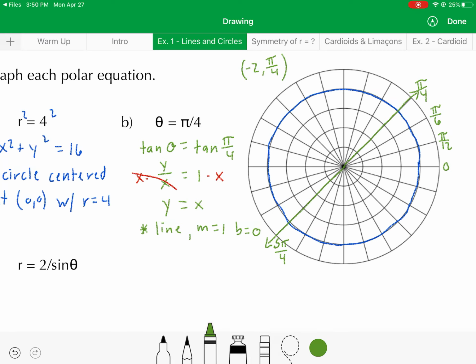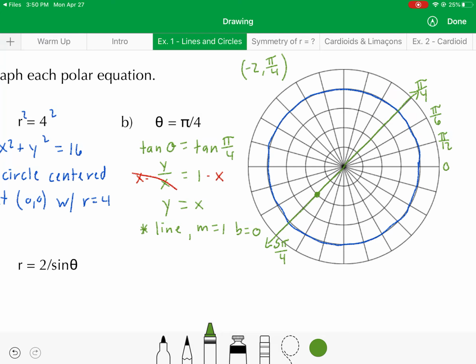But then because r is negative, we'd have to extend in the opposite direction of that terminal side, and it would take us over to here, right? So even though that side is labeled as 5 pi over 4, we can still use it to plot points whose angle measure is positive pi over 4, provided there's a negative r value.